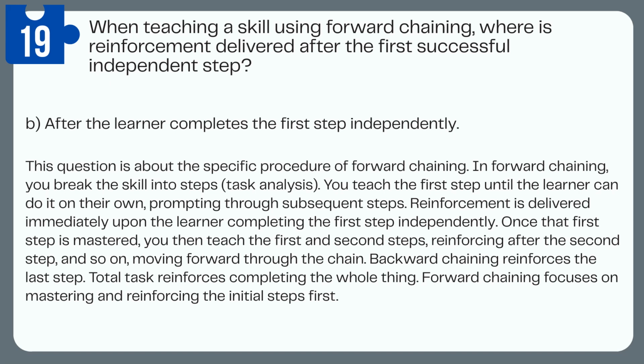Once that first step is mastered, you then teach the first and second steps, reinforcing after the second step, and so on, moving forward through the chain. Backward chaining reinforces the last step. Total task reinforces completing the whole thing. Forward chaining focuses on mastering and reinforcing the initial steps first.